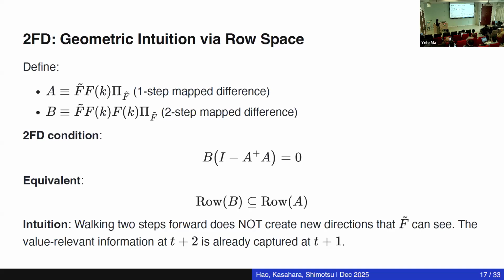But for this case, it's the difference of whether this double Fk structure in the middle gives you any new information in terms of the direction of the span space. And this is much easier to satisfy.